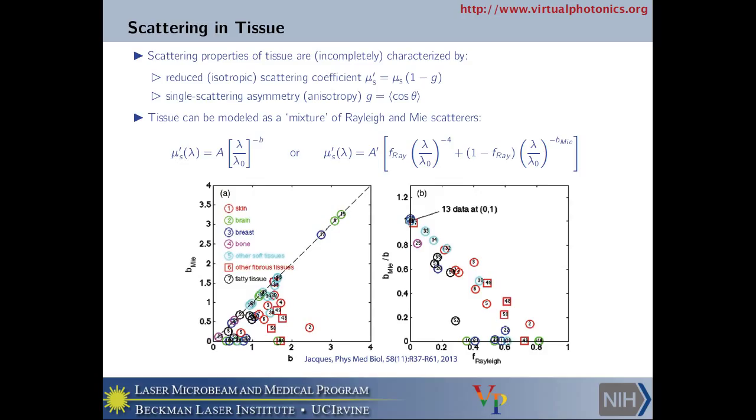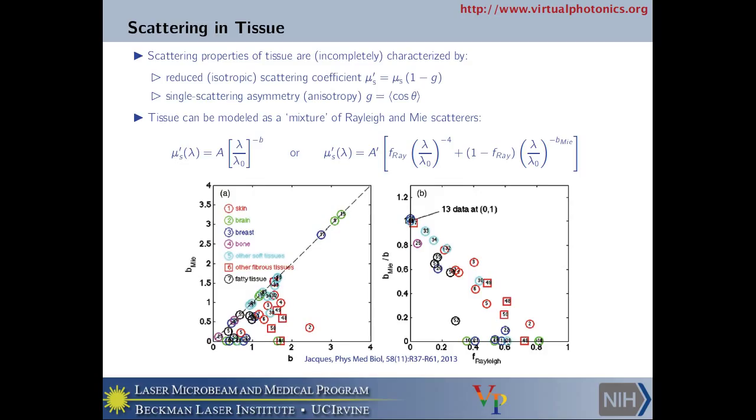And so these Rayleigh scatterers should have a lambda to the -4 dependence. These other non-Rayleigh scatterers, Mie scatterers, should have a different dependence, a different value of B. Can I fit my measured wavelength dependence of reduced scattering to get the fraction of Rayleigh and Mie scatterers and get a slightly different value of B?